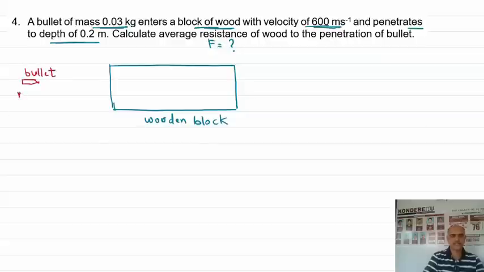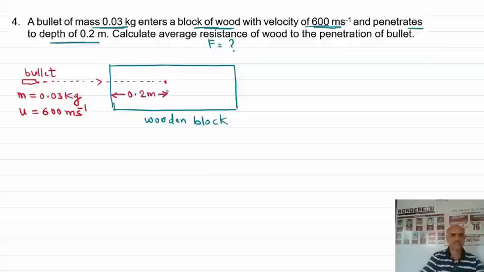Its mass he has given, m is equal to 0.03 kg, moving with an initial velocity of 600 meters per second. So it enters the wooden block, and after some distance it comes to rest. Penetrates to a depth of 0.2 meters, he says. So this length is 0.2 meters, that is s.